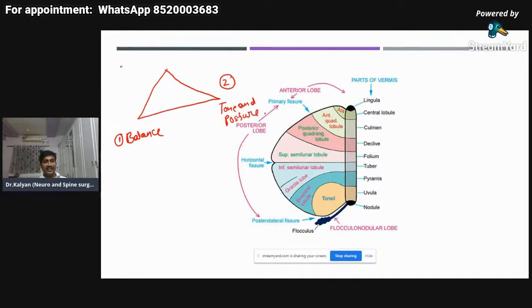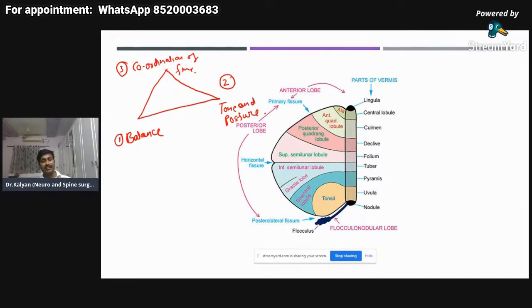And the third important function is coordination of fine motor movements. So the cerebellum has three functions: balance, tone and posture, and coordination of fine motor movements.